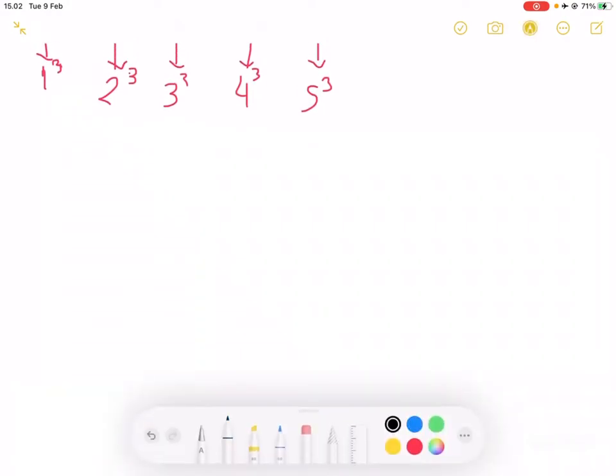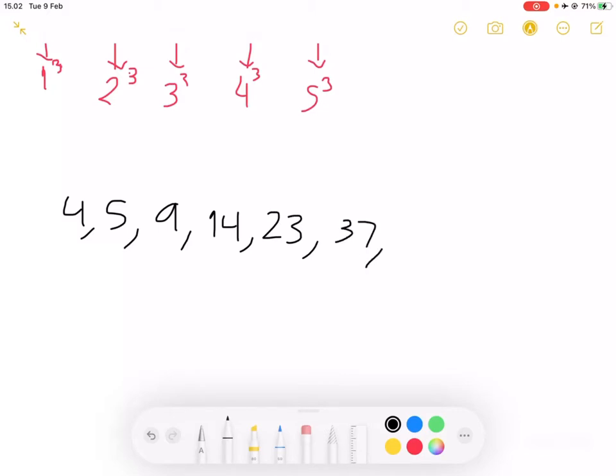So yet another example, let's say 4, 5, 9, 14, 23, 37, blank, blank, blank. Okay, for this sequence, this is actually one of the most, I would say, famous sequences.